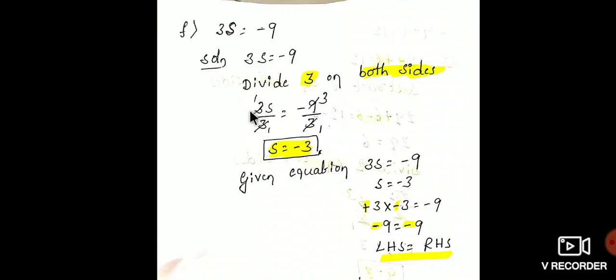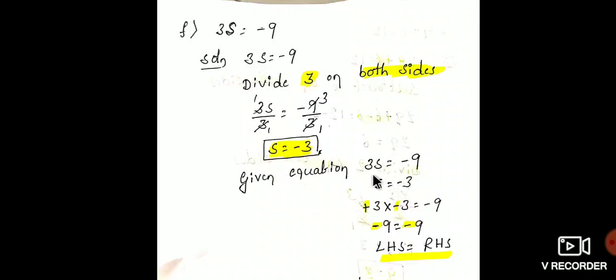This 3 gets cancelled. s is equal to 3 1s are 3, 3 3s are 9. Here minus will be there. The answer is minus 3. Next we have to verify. The given equation is 3s is equal to minus 9. The value of s we already found is minus 3.